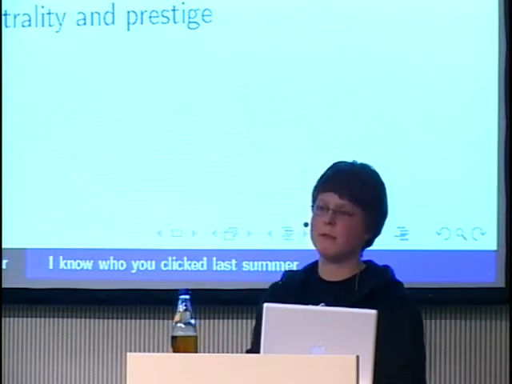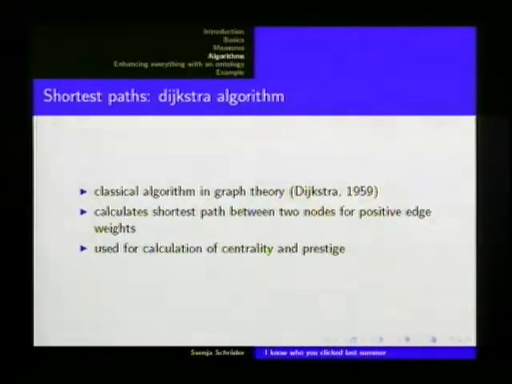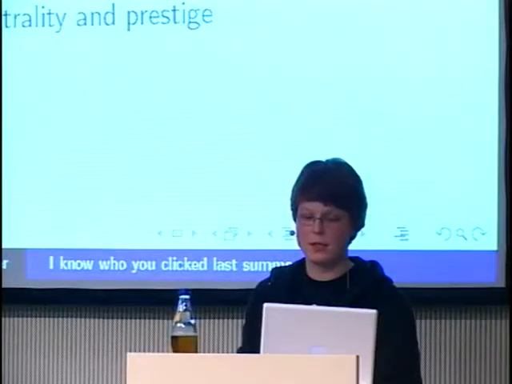Everybody who has heard of data structures and algorithms has heard of Dijkstra's algorithm. Dijkstra introduced this algorithm in 1959, and it calculates the shortest path between two nodes for positive edge weights. It's used, for example, in the calculation of centrality and prestige.